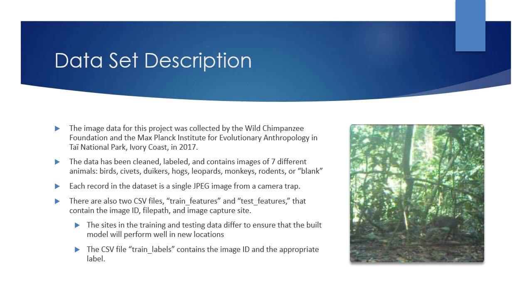The last file, the train labels, contains just the image ID and the appropriate label for that image. Here's an example of one of the images in the data set. You can see the camera trap captured a photo of a monkey in the bottom right corner.